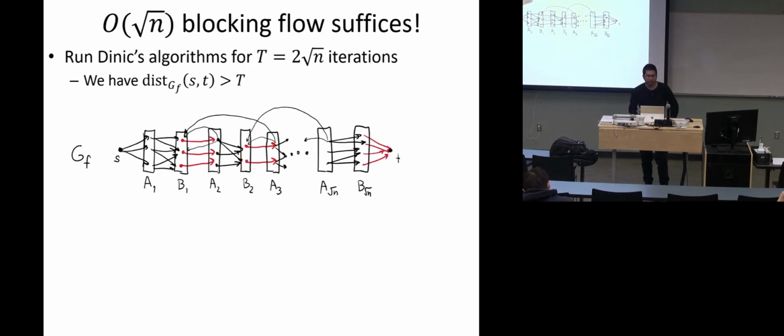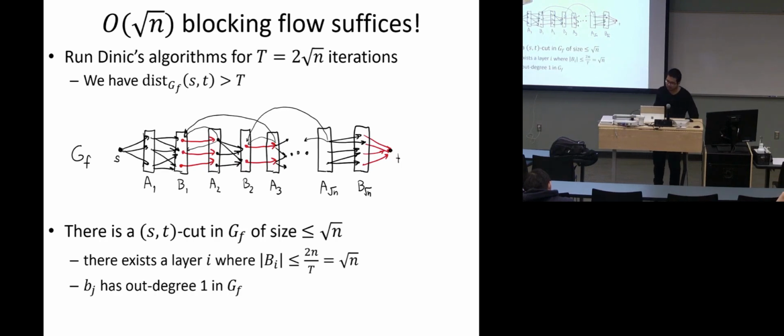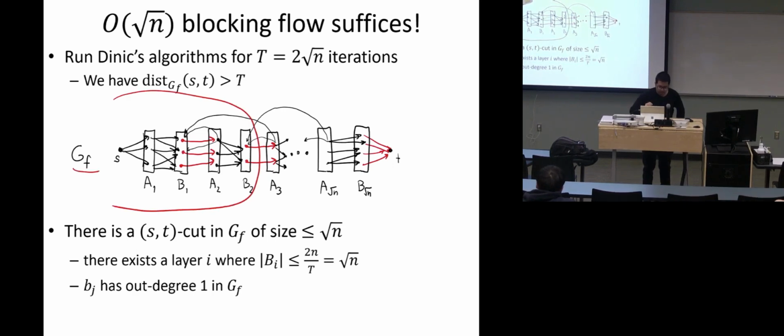But now, once you see this structure, I claim that there must exist some s-t cut in the residual graph of size just root n. Why is that?